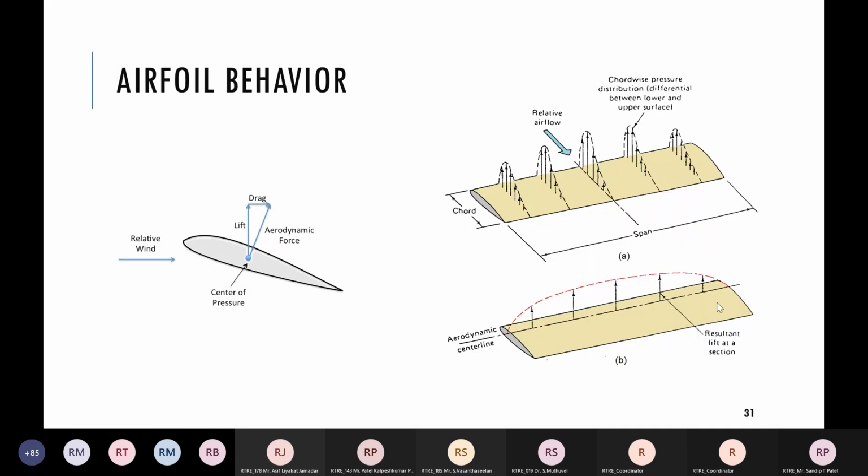Yeah. So this red line represents the lift distribution. Now, why 0 at the edge? Because at the edge the pressure should be ambient. So we can say this is a relative pressure as well as a lift diagram, both would be the same.